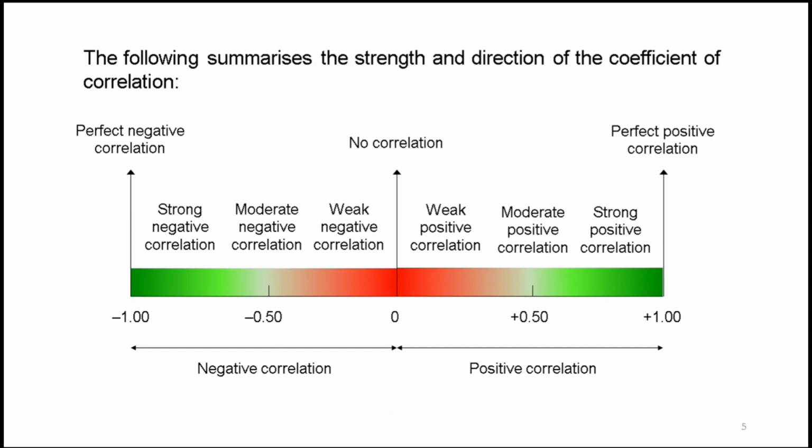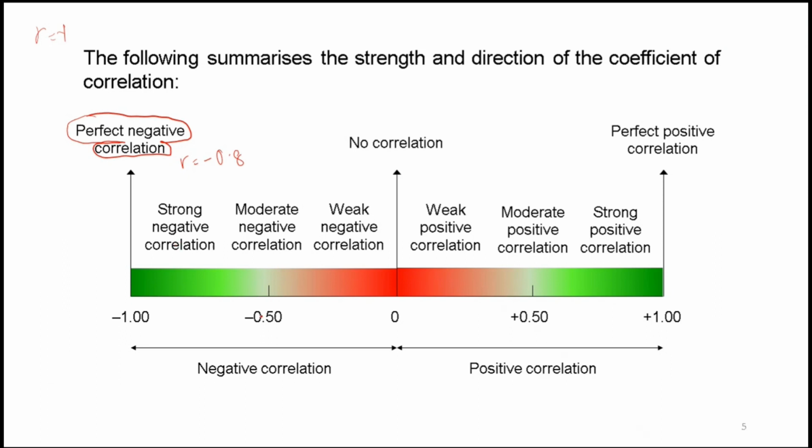The following summarizes the strength and direction of the coefficient of correlation. Perfect negative correlation is when r is equal to -1. If you get the value of r equal to -1, it means this is a perfect negative correlation. If your value of r is negative 0.8, this is strong negative correlation.